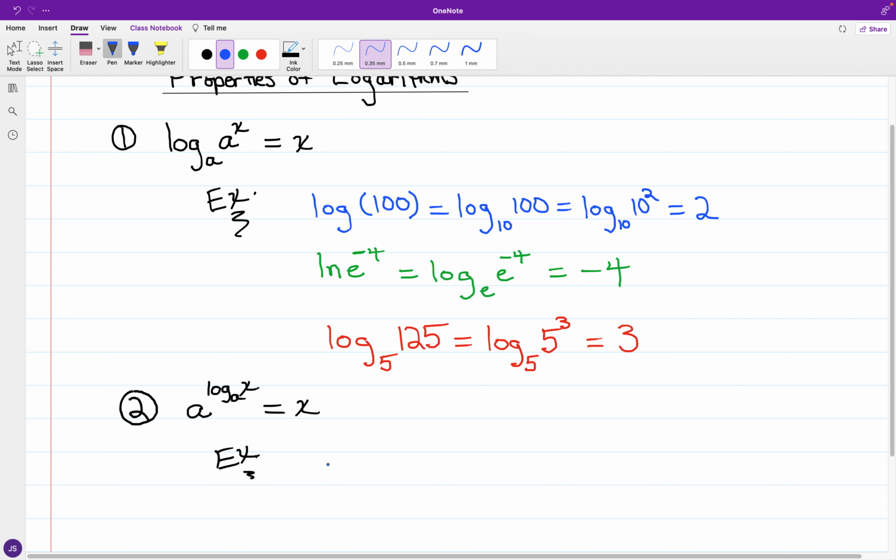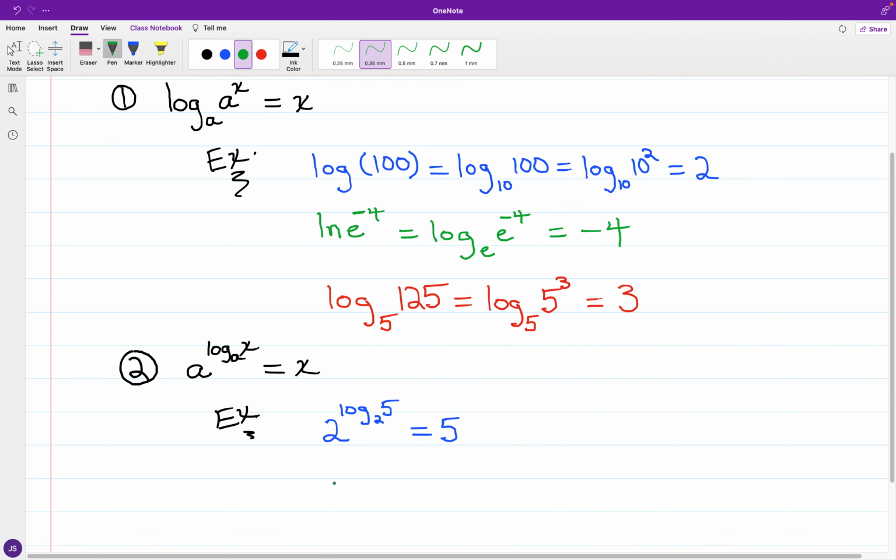Here are examples of a to the base a logarithm of x. We can say we have 2 to the base 2 logarithm of 5 is equal to 5. Here a is 2, x is 5.